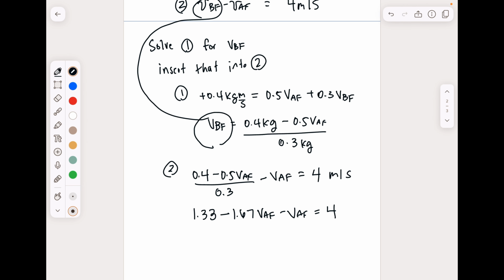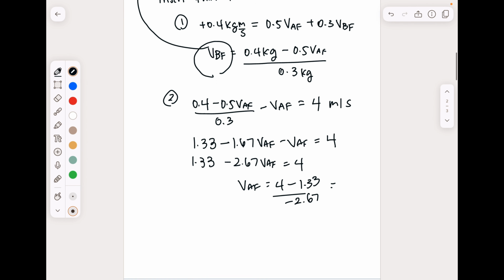All right, so let's combine. Okay, we get negative 1 meters per second.